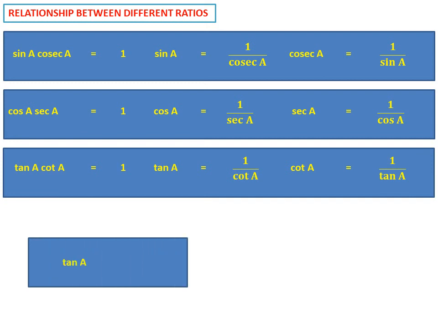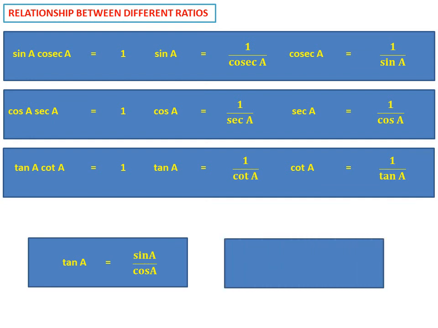There are 2 more. One is tan A. What is tan A? It is the same as sin A by cos A. And the last one is cot A equal to cos A by sin A. So these are the basic relationships you have to remember. So in this lesson today, what we have done is we have defined 6 trigonometric ratios.